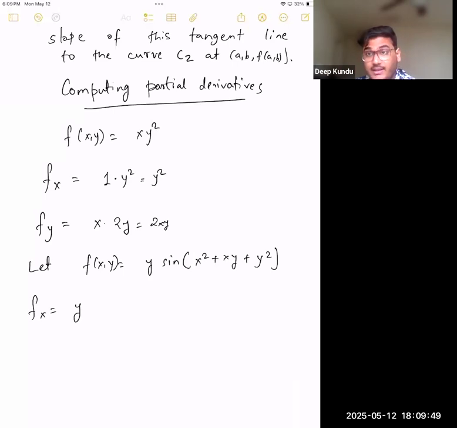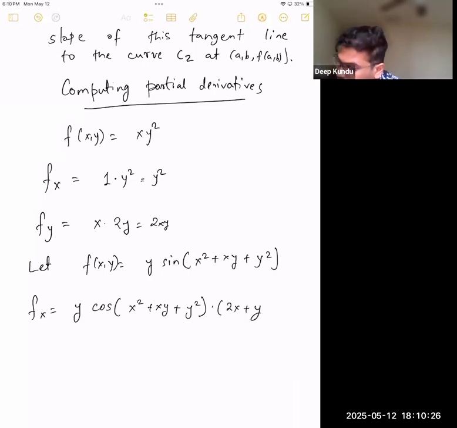Now the derivative of sine, so this is sine of another function, right? So we have to use the chain rule. The derivative of sine is cosine, so cosine of whatever we have inside. And then we multiply that with the derivative of the inside. And remember, we are finding the derivative with respect to x. So the derivative of x squared is going to be 2x. The derivative of xy is just going to be y.